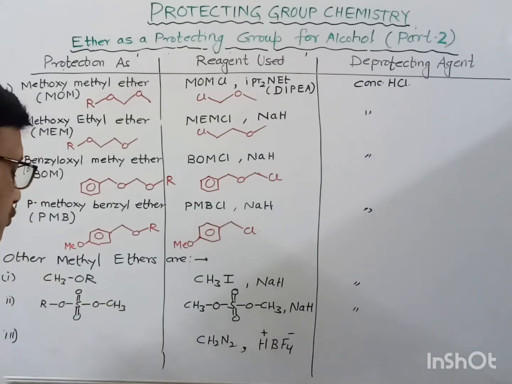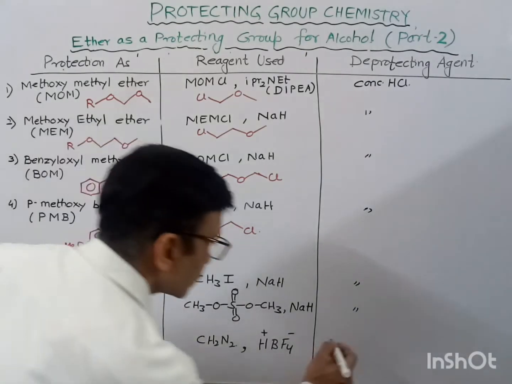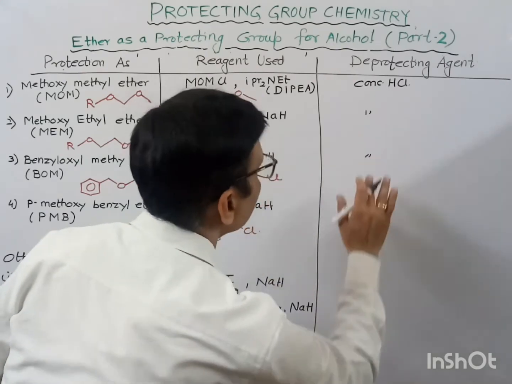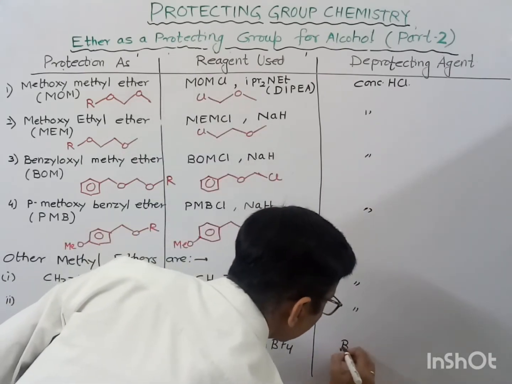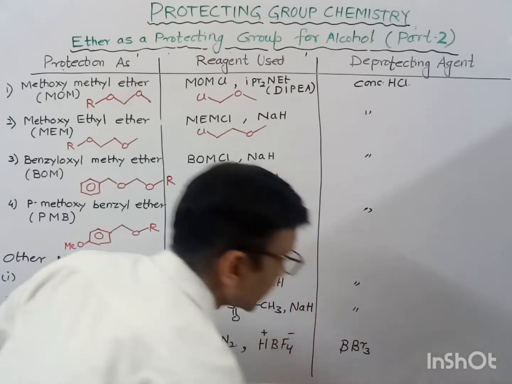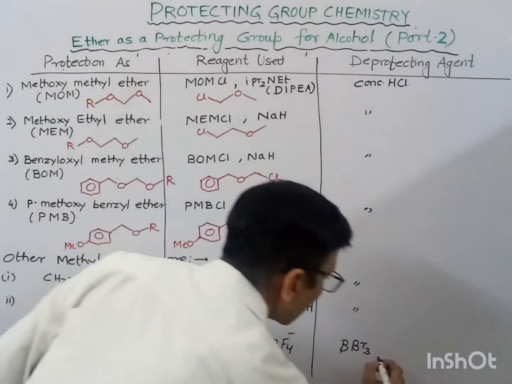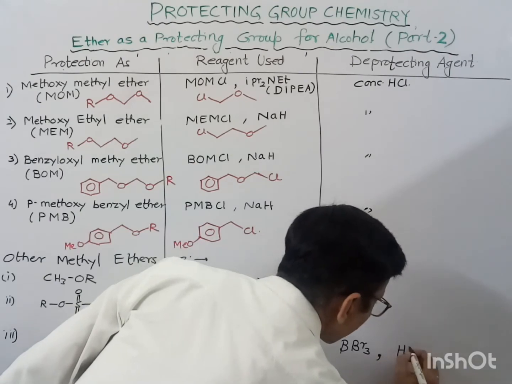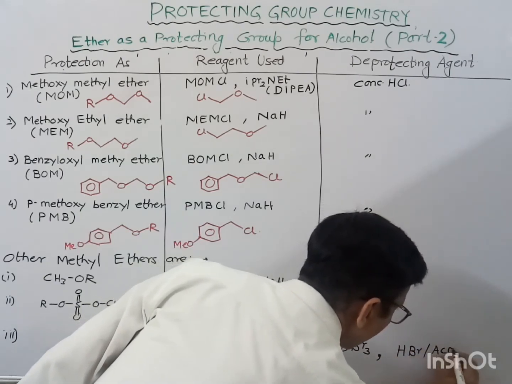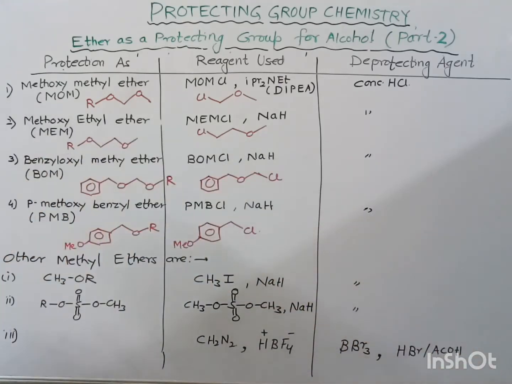So the mechanism will be clear. And for this the deprotecting agent may be boron tribromide, or HBr in acetic acid can be used as a deprotecting agent.